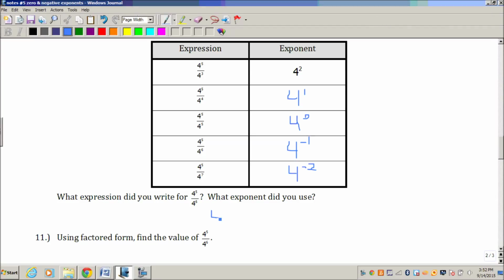So we wrote 4 to the negative 1 power, and the exponent we used was negative 1. And so let's look at what this means in factored form. Well, this means 4 times 4 times 4 times 4 times 4 divided by 4 to the 6th.